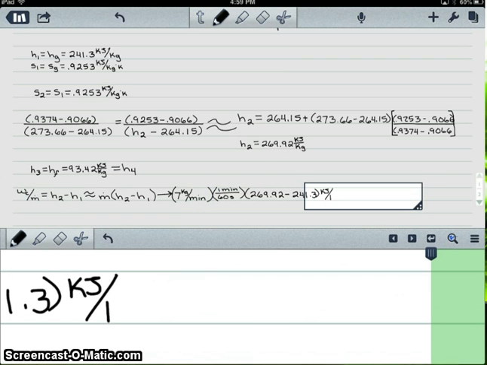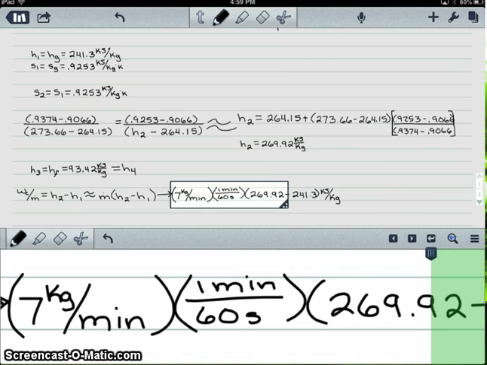Okay, now that we have all that written down, we can simplify some of the values. We have 7 kilograms per minute, and we need this in kilograms per second, so one minute is equal to 60 seconds.